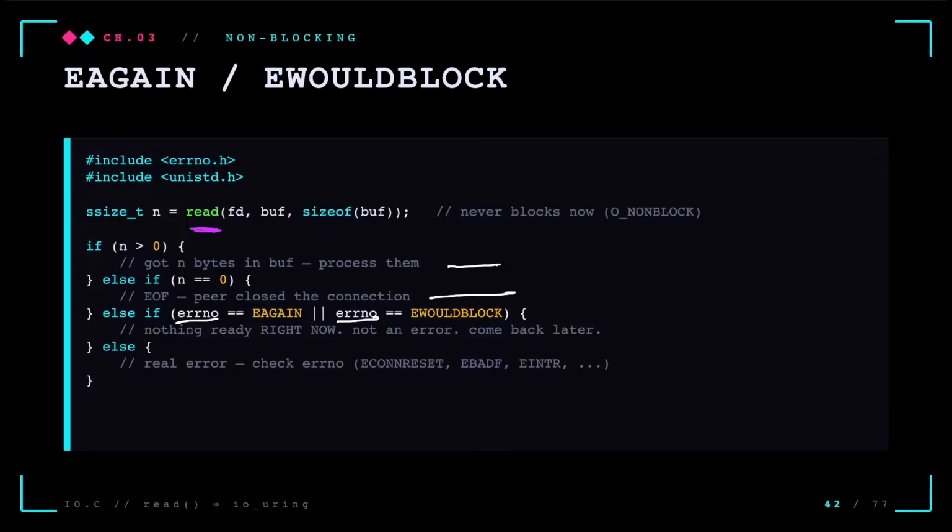Here we can do some other work and then, for example, jump back to the read somewhere down the line. If it's none of these, then this is a real error, and we have to check errno for other error codes. Some kind of critical issue happened, and we have to check it.